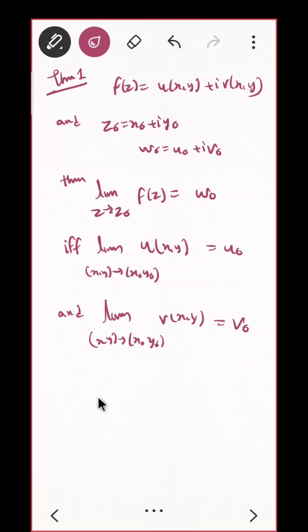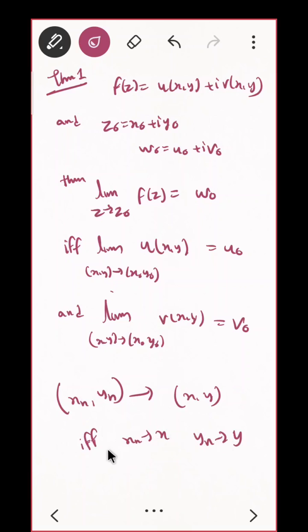Or do you recall a similar theorem in your SYBSC? Anybody? If I say something like coordinates, say x and y, I will tell you in terms of sequences. x n y n converges to x comma y if and only if x n converges to x and y n converges to y.